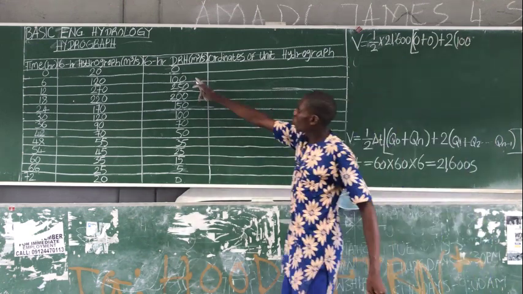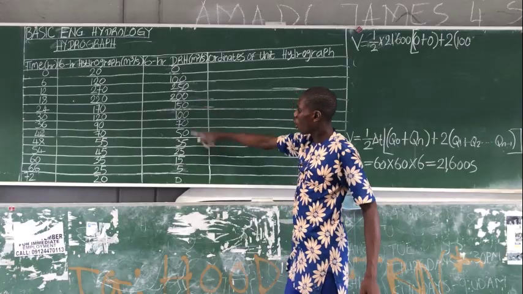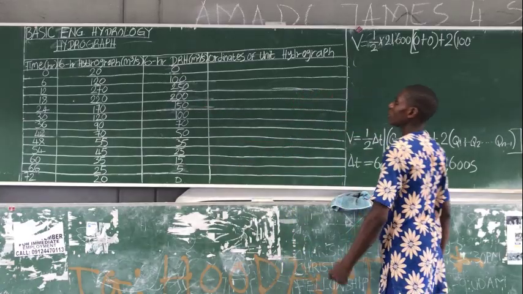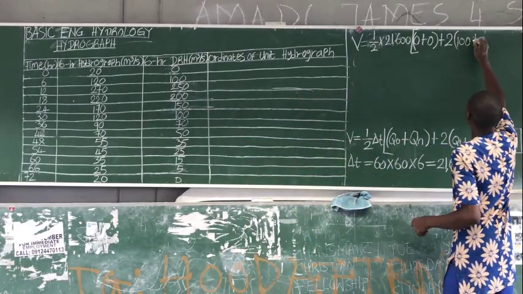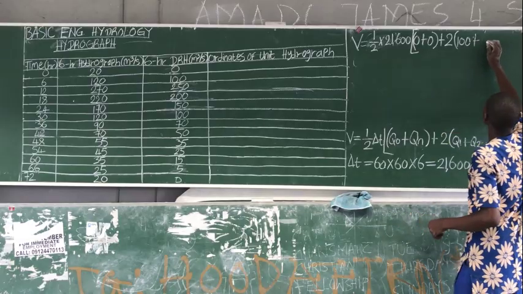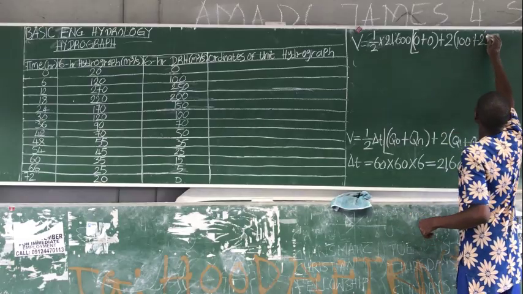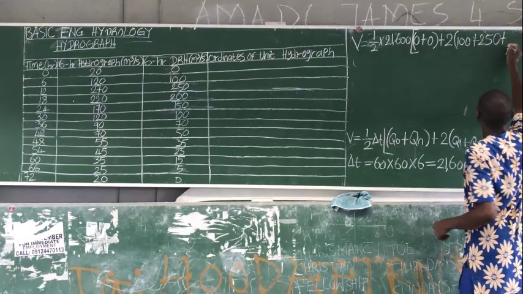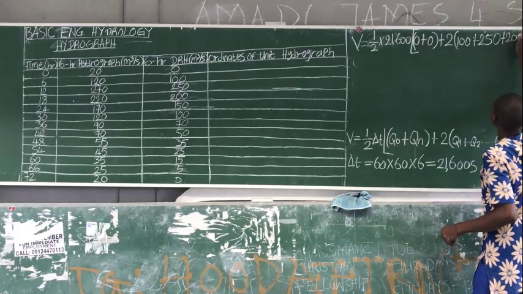So these are Q1, Q2, Q3, Q4 up to Qn minus 1. So our Q1 is 100, plus our Q2, plus our Q3, which is 200.